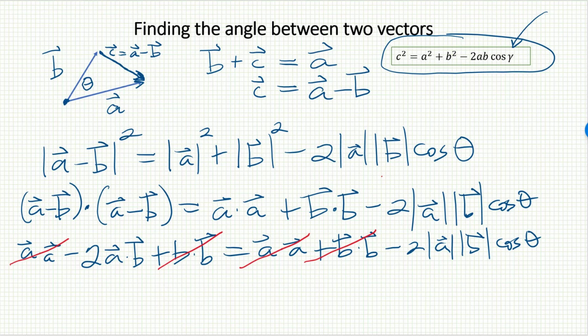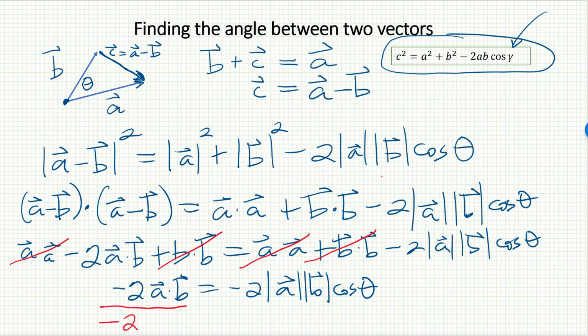All I have left now is negative 2 times the dot product of A and B equals negative 2 times the length of A times the length of B times cosine theta. Well, I'm going to get that cosine theta by itself by dividing both sides by what's in front of it.